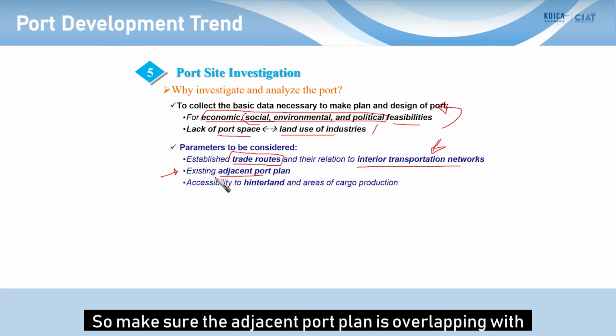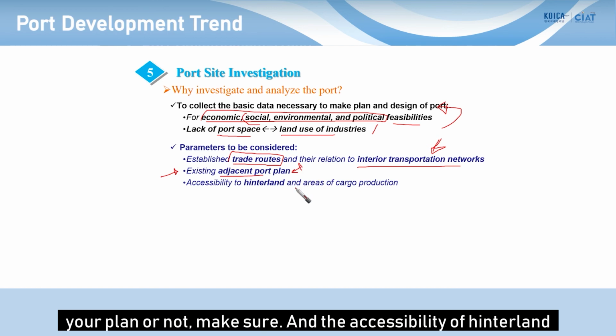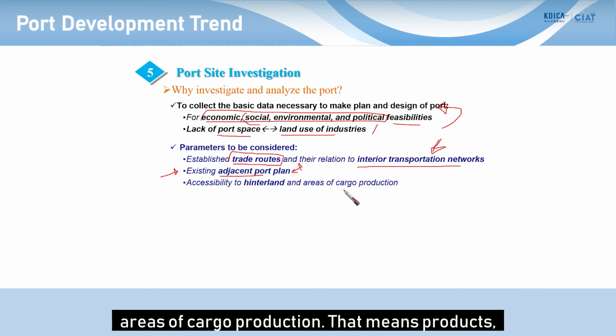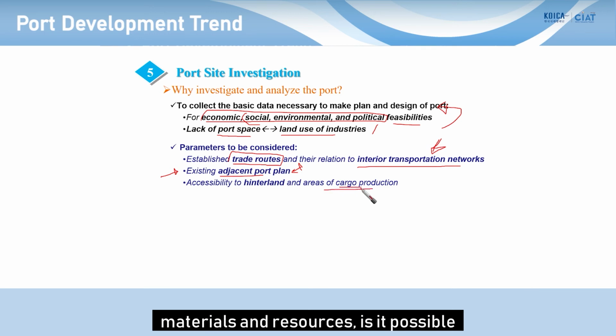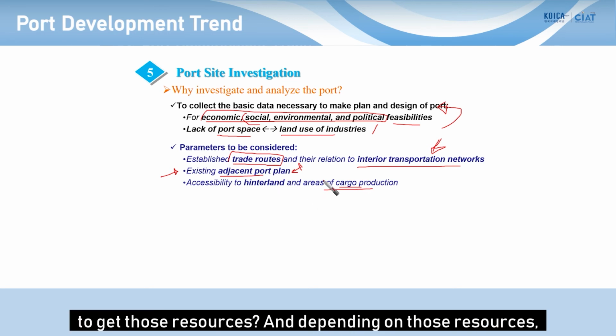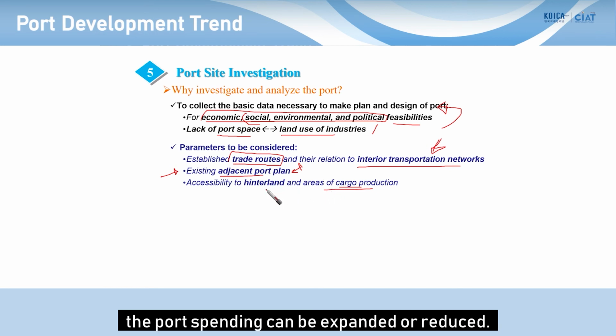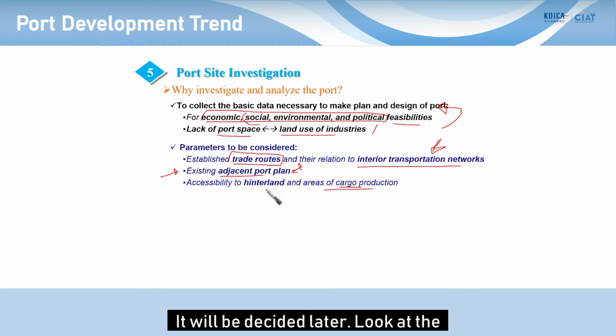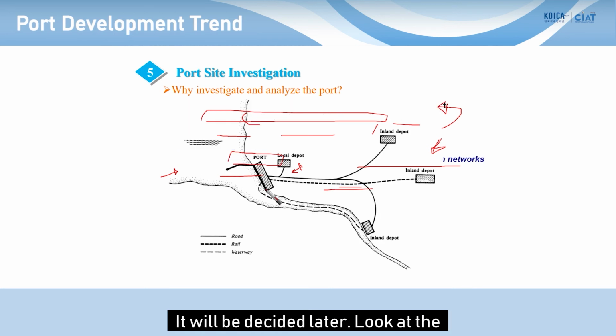So make sure: does the adjacent port plan overlap with your plan or not? And the accessibility of hinterland areas of cargo production. That means products, materials, resources. Is it possible to get those resources? Depending on those resources, the port capacity can be expanded or reduced. It will be decided later.